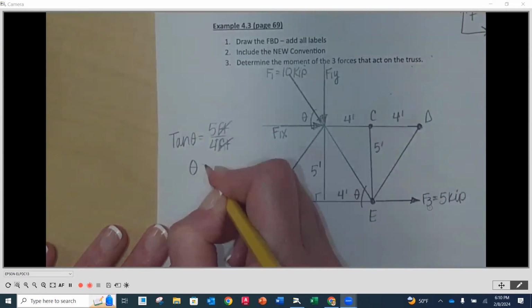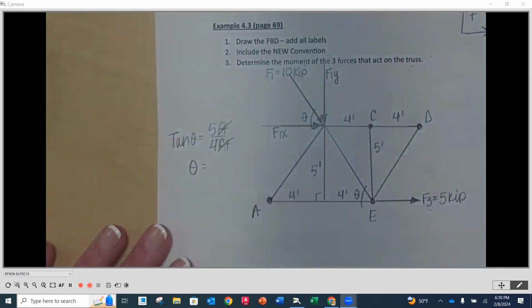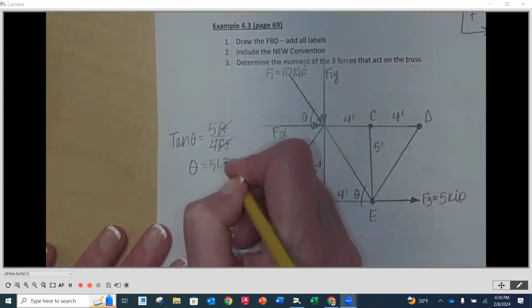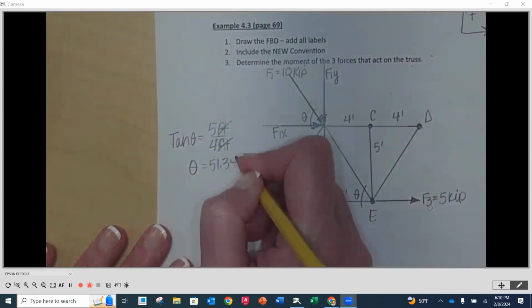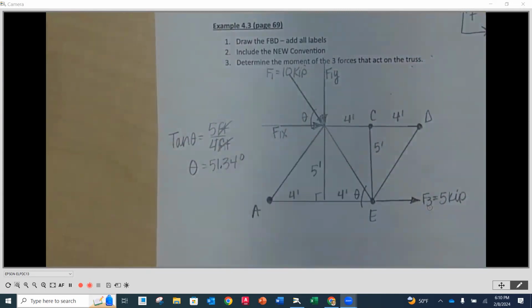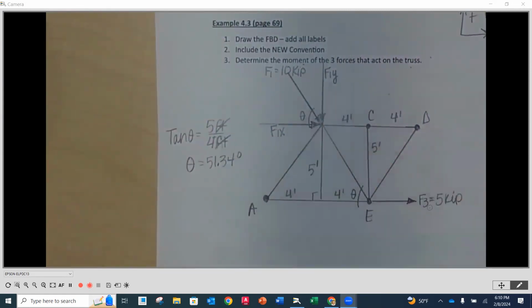So my theta is going to be 5 divided by 4, second function tan. It's going to be 51.34 degrees. Okay. So that's going to be the angle then that we're going to use to calculate the two components.